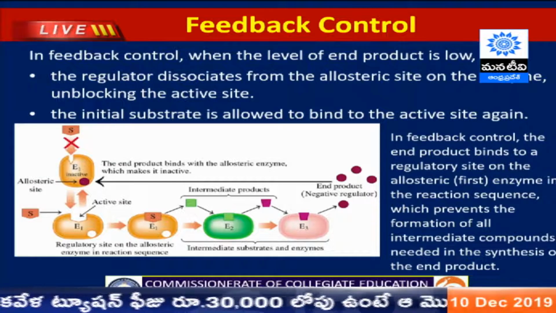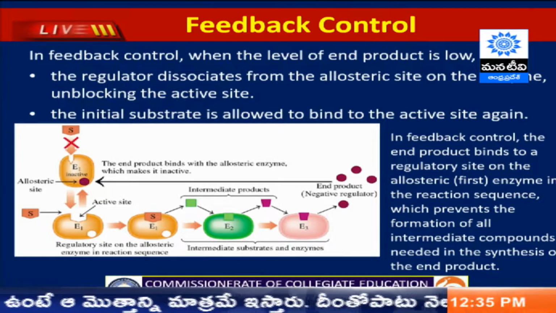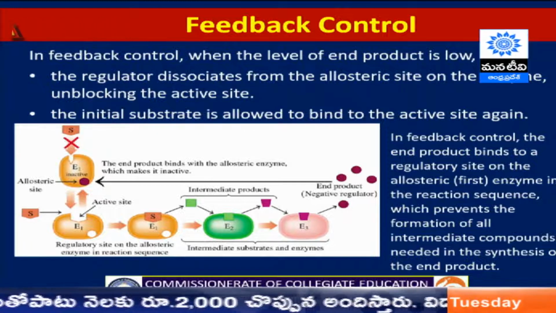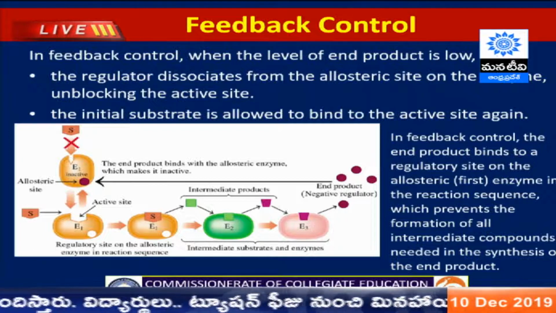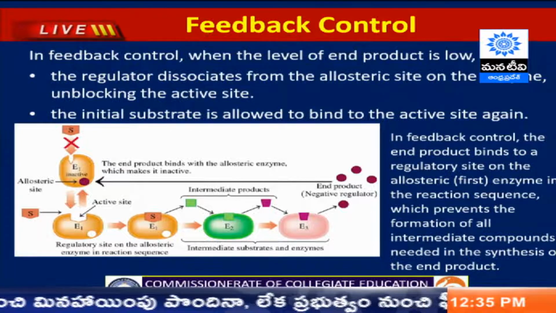So, this feedback control can be used for decreasing the activity of the enzyme. There are two processes in a similar way, negative feedback and positive feedback. Feedback regulation and feedback control are both there.